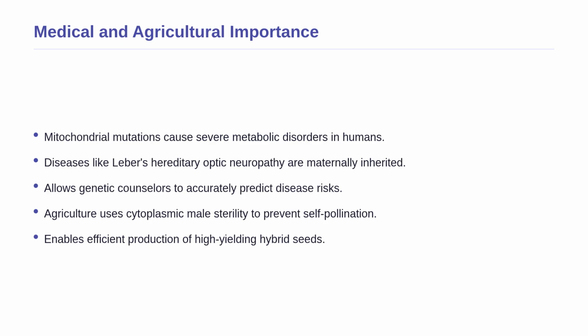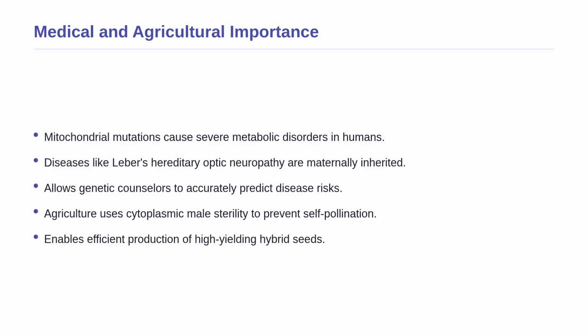Now that we understand the mechanism of maternal inheritance, let us explore why it is so critical in the real world. In modern medicine, mutations in mitochondrial DNA can lead to severe metabolic disorders. For example, Leber's hereditary optic neuropathy primarily affects energy-hungry tissues like the brain and muscles.